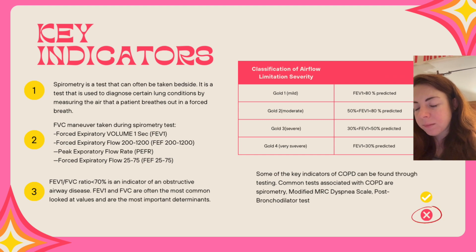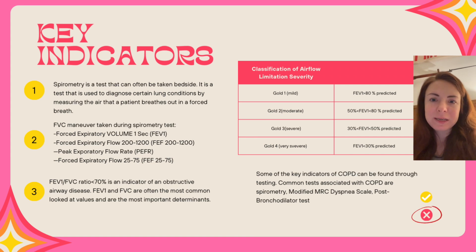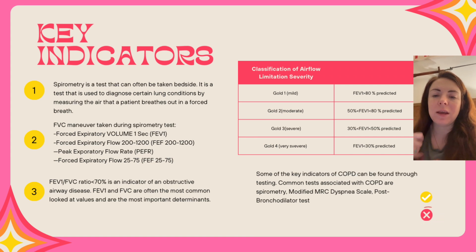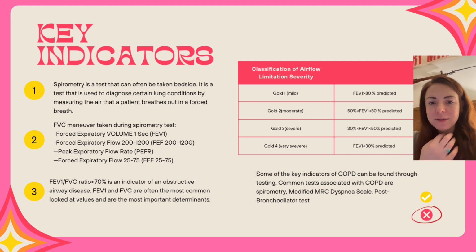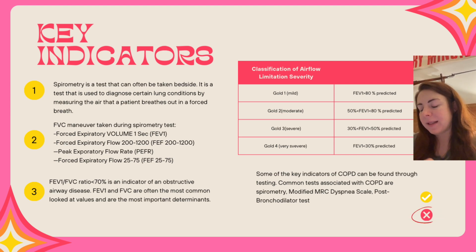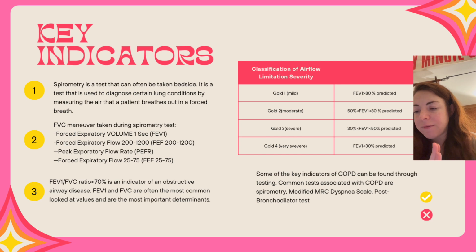FEV1 greater than or equal to 80% of predicted. When we're talking about predicted, it's really just the amount that they should be at. If it's greater than or equal to that, then it's mild. Less than 80% of predicted is moderate.